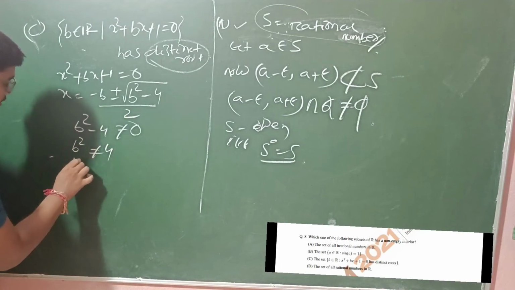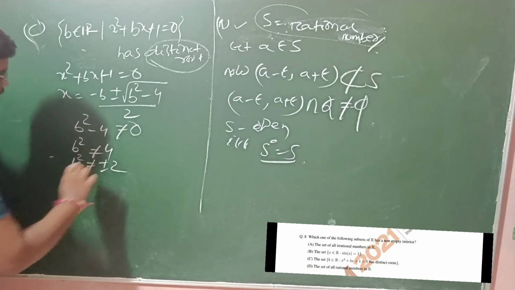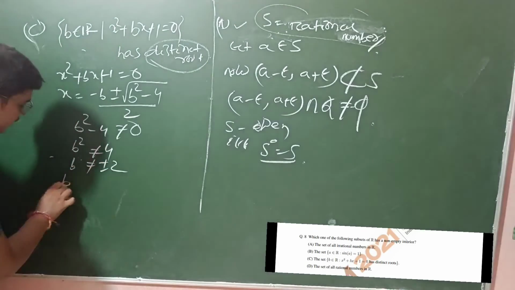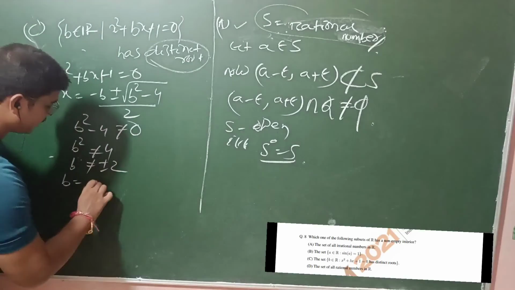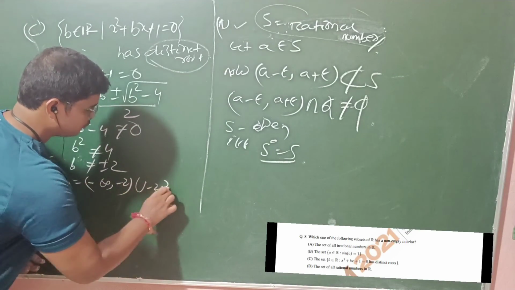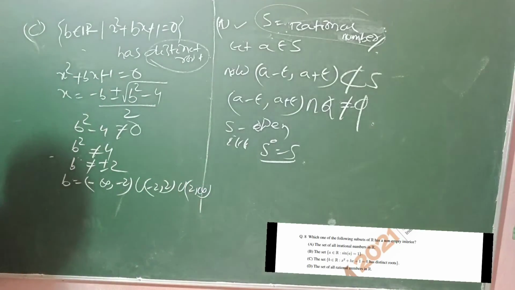Now b square is not equal to 4, that is b is not equal to plus or minus 2. That means b can be minus infinity to minus 2, union minus 2 to 2, union 2 to infinity.